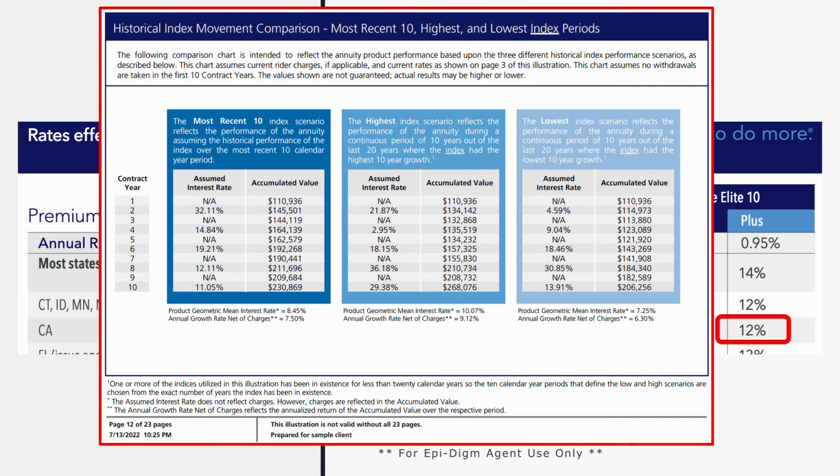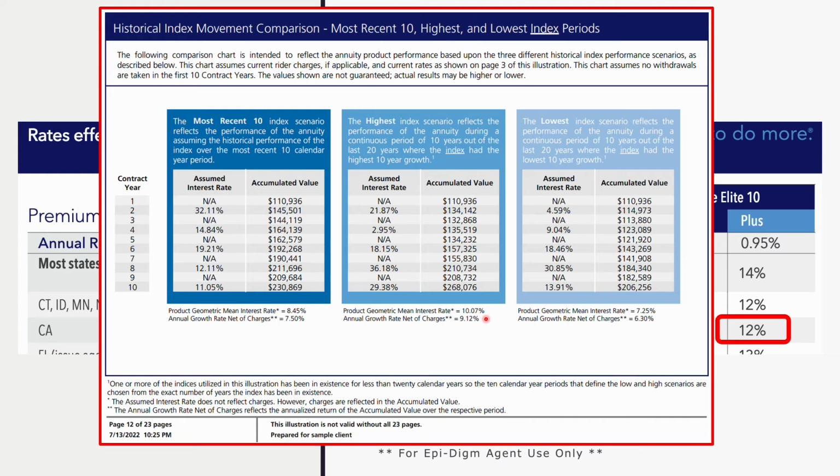Here's what happened. Over the last 10 years, we're looking at a rate of return of about 8.45%. With the fees, we're looking at about 7.5% per year. That's really, really impressive. And the highest 10 years is 10.07%, including fees, 9.12%.